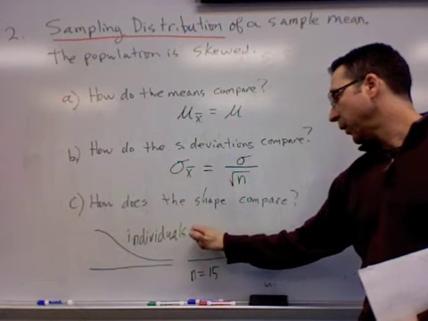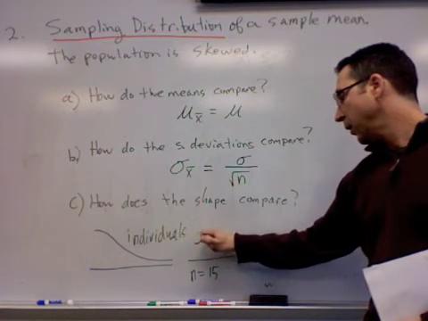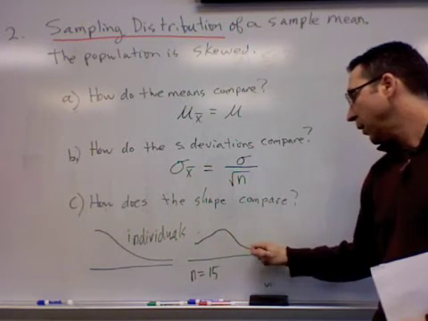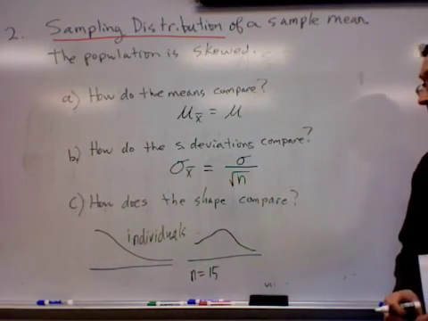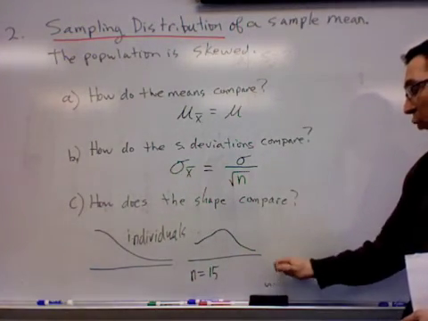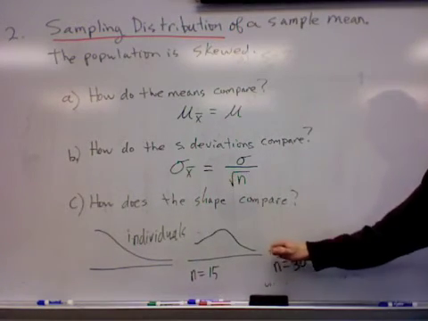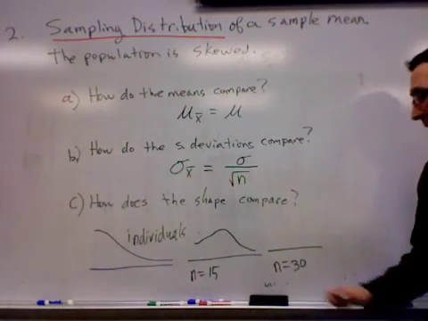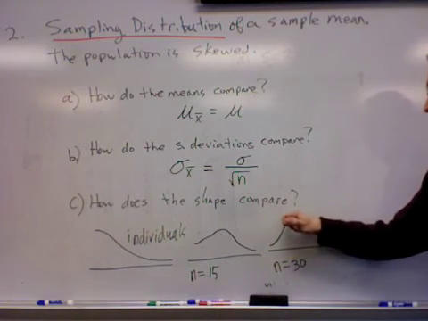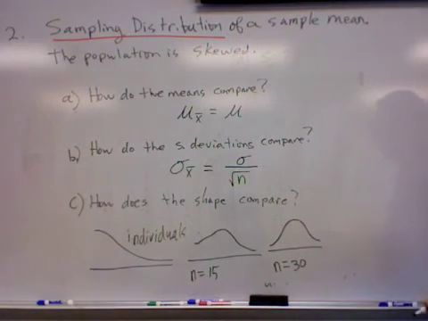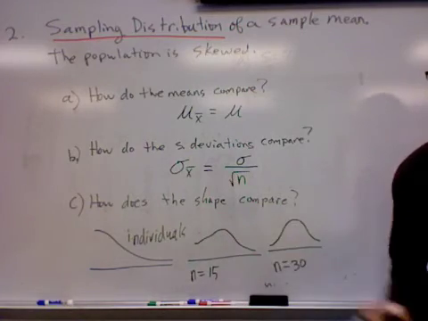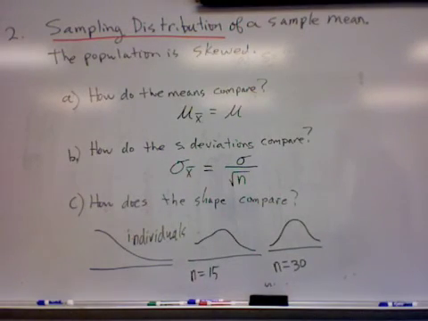So it might end up looking maybe something like that. Whereas when you increase to something that is above 30, the central limit theorem tells us that it will be perfectly normal, regardless of what the shape looked like on an individual basis.